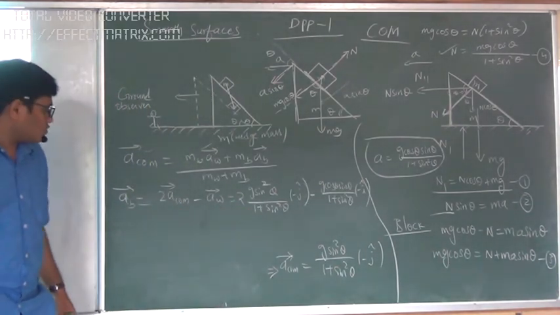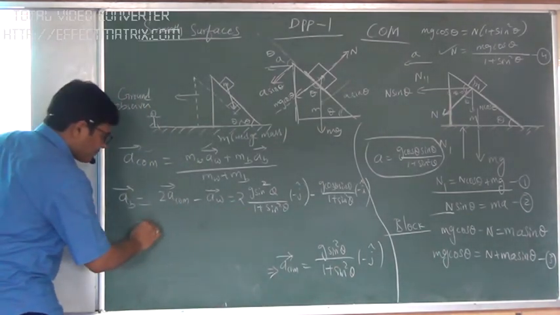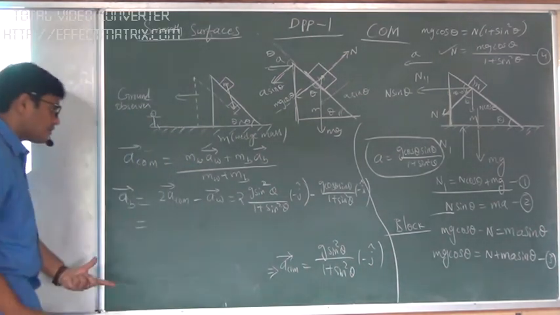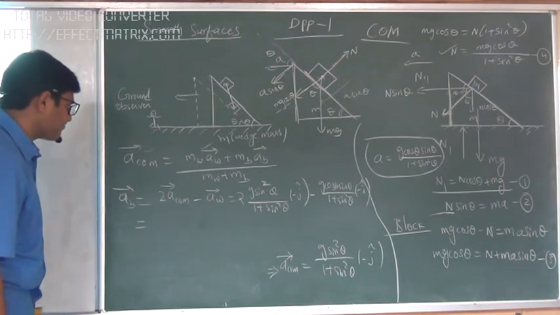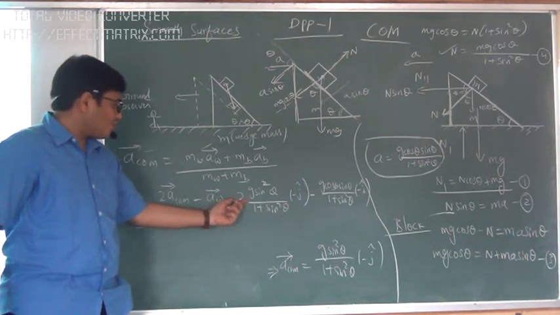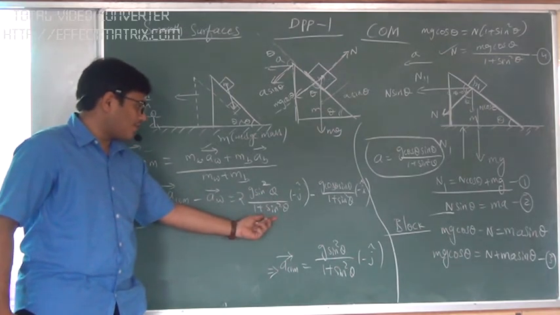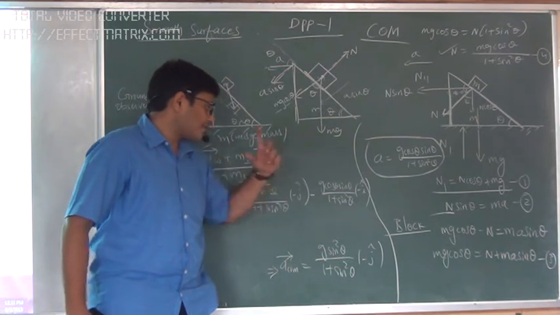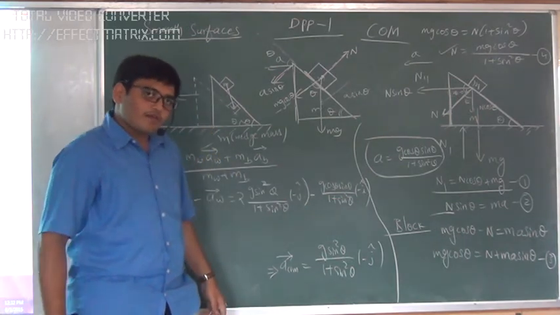Yes or no? So what are you going to get then? Can't you solve this? How much you are going to get? Vertical component is available here. How much is it? 2g sin square theta upon 1 plus sin square theta. What is the horizontal component? G cos theta sin theta upon 1 plus sin square theta.